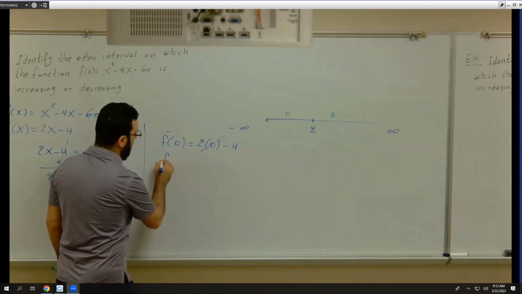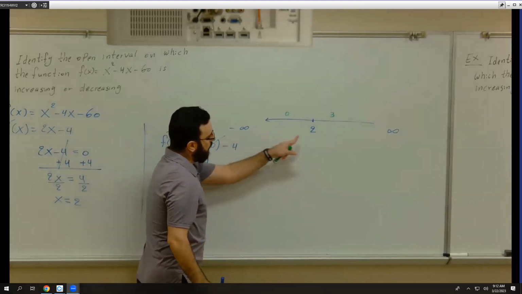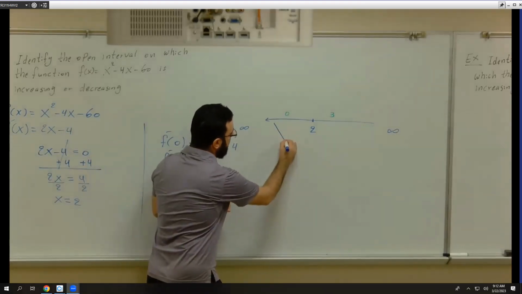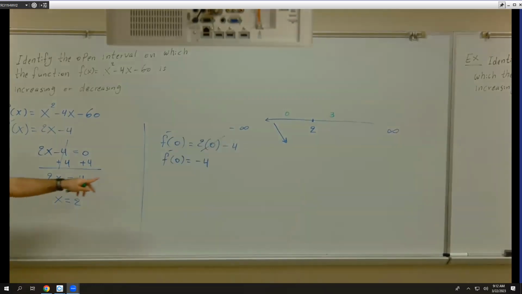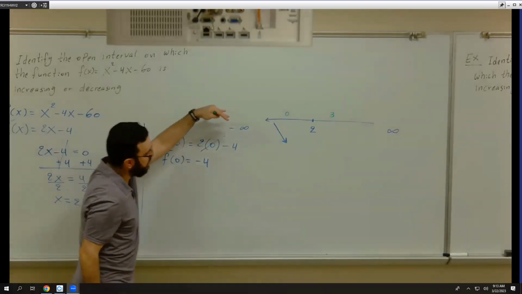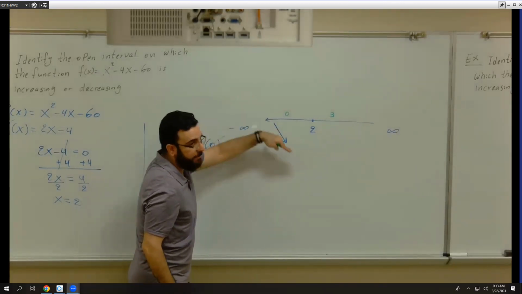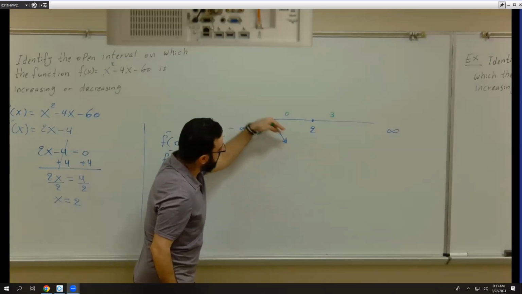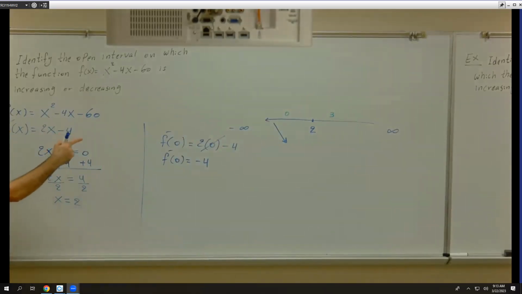That means f prime of 0 is equal to negative 4. So from negative infinity to 2, the function is decreasing, because our negative 4 means the function is going down. When you graph it, you're going to see the function from negative infinity to the critical number 2 is going down.